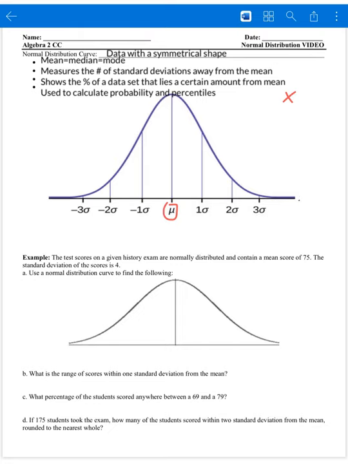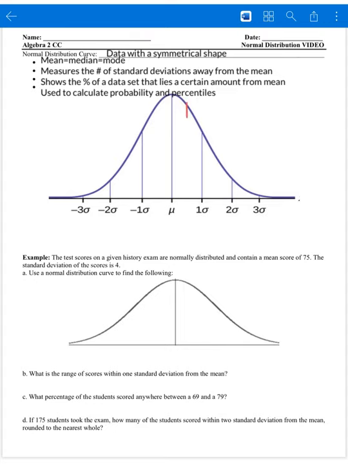What's important to note is that this curve shows where you are on a normal curve. If you're positive one standard deviation away, then you're here. If you're positive 2 away, then you're here. If you're negative 2 away, then you're back here, okay? With this, there are percentages that go in between each section of the bell curve, but you are also going by halves. So in between these lines on your paper, you're going to draw dashed lines.